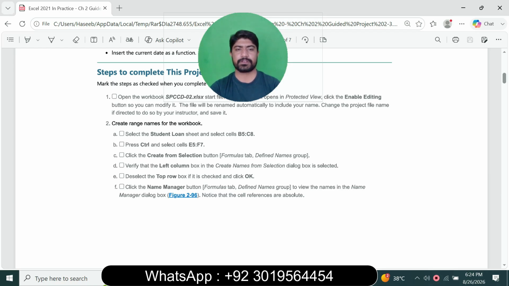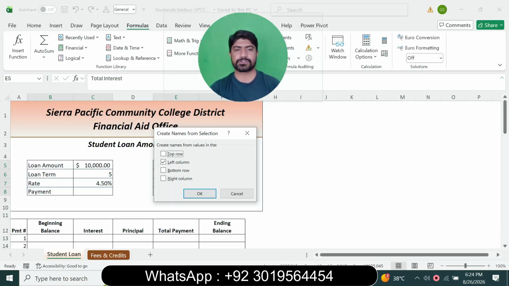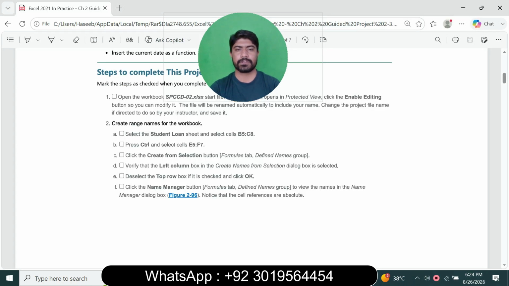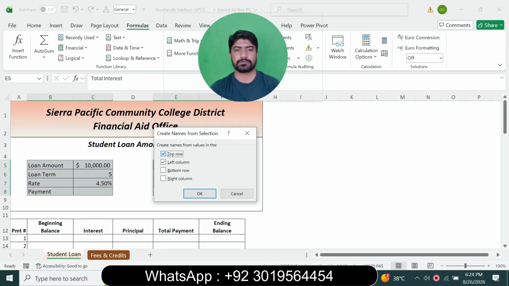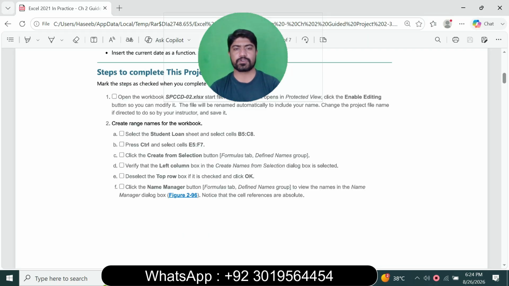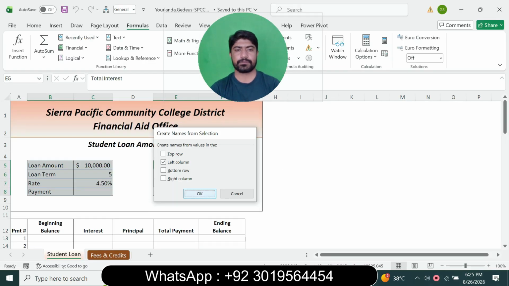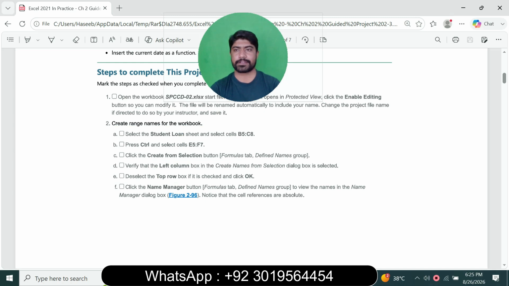Verify that the Left column box in the Create Names from Selection dialog box is selected, and deselect the Top row box. Check and click OK.